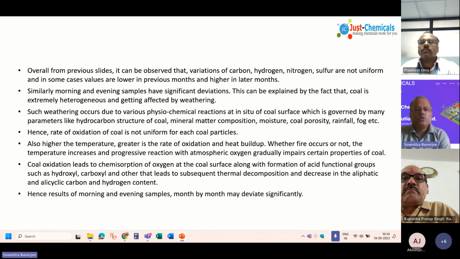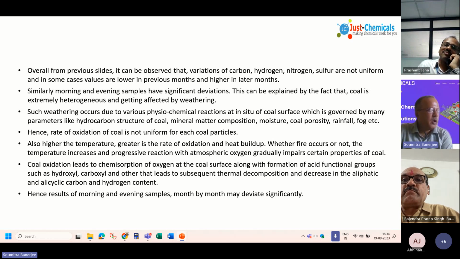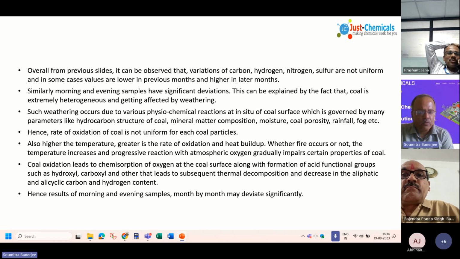Such weathering occurs due to various physiochemical reactions in situ at the coal surface, which is governed by many parameters, like the hydrocarbon structure of coal, which is not 100% known to people, but also the mineral matter composition, moisture, and coal porosity.